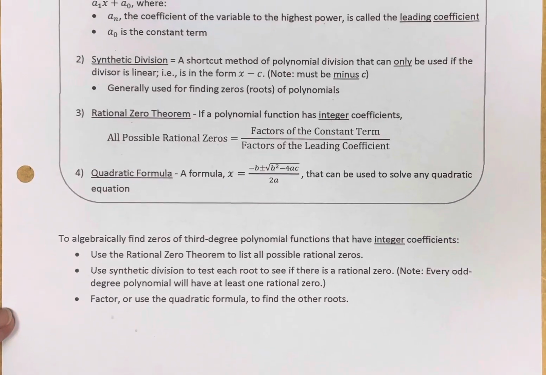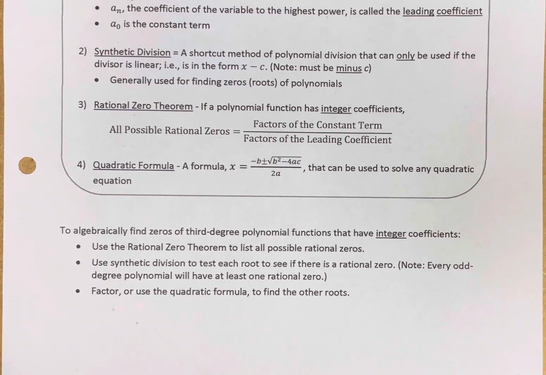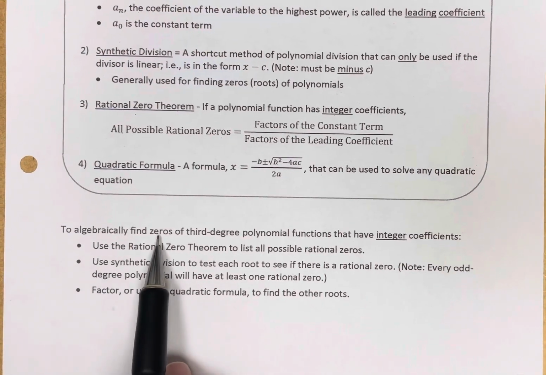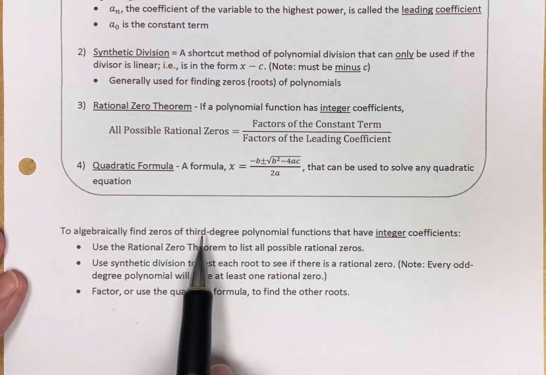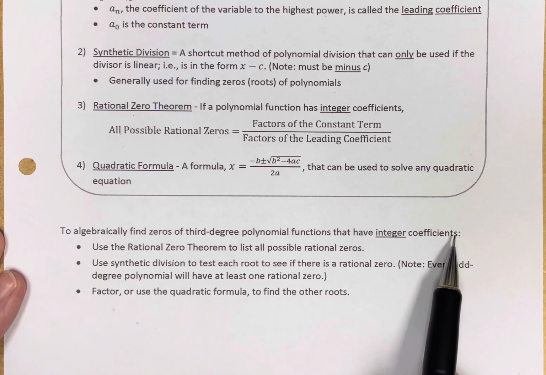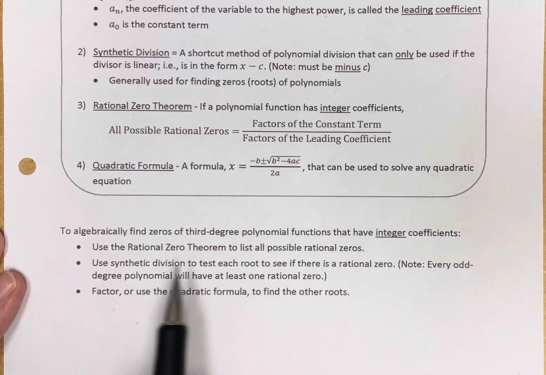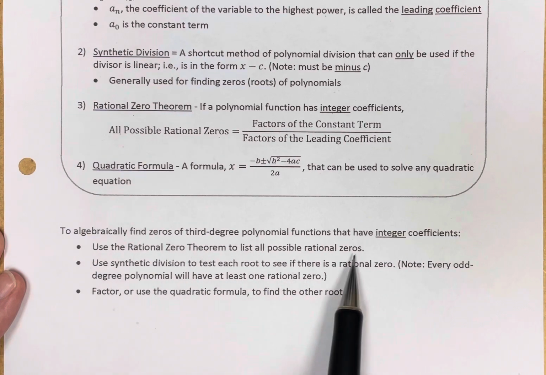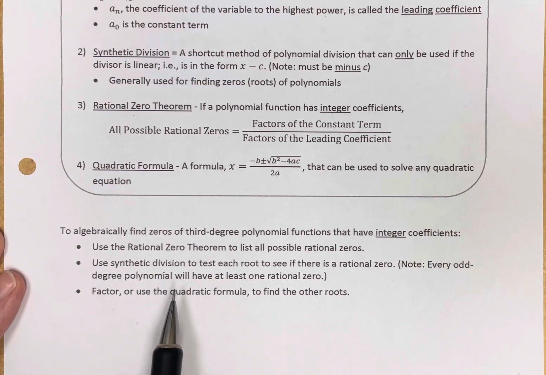Okay, again, we're not going to touch our graphing device. To algebraically find the zeros of third degree polynomial functions that have integer coefficients. So we're being rather specific here. We want to use the rational zero theorem to list all possible rational zeros.